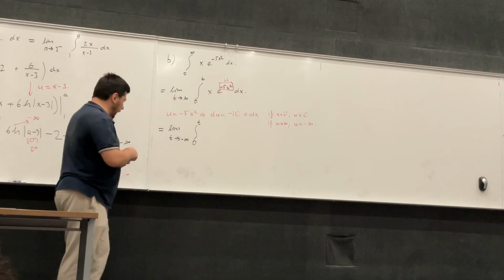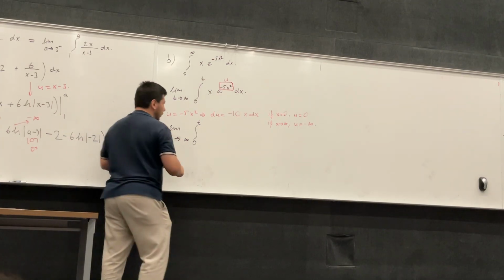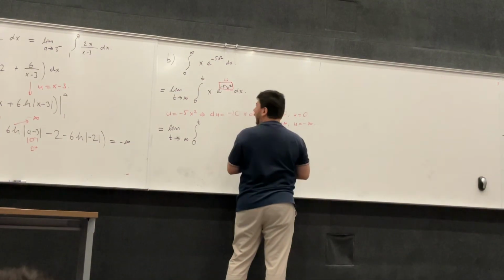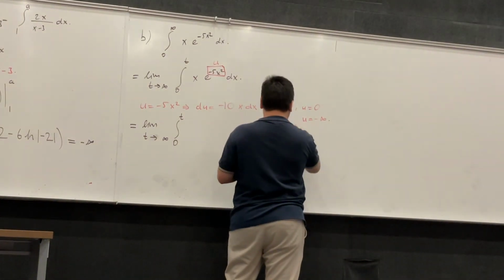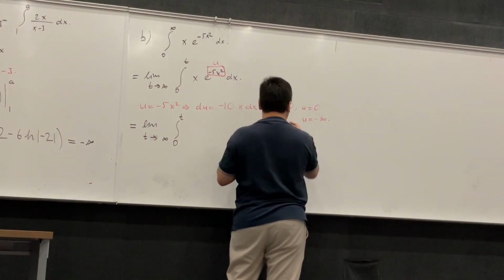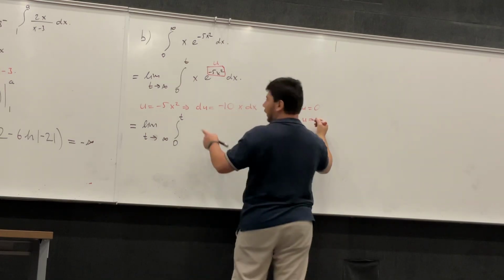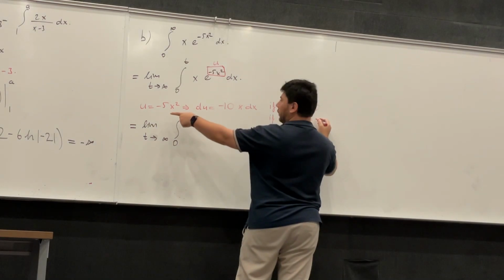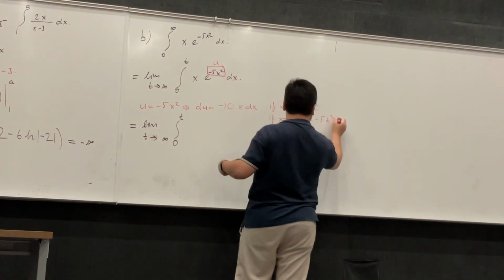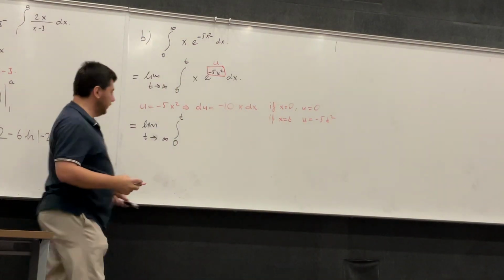Or rather, actually, we shouldn't do this. If x is t, what is u? Minus t. No, minus 5t squared, right? Oh, yeah.